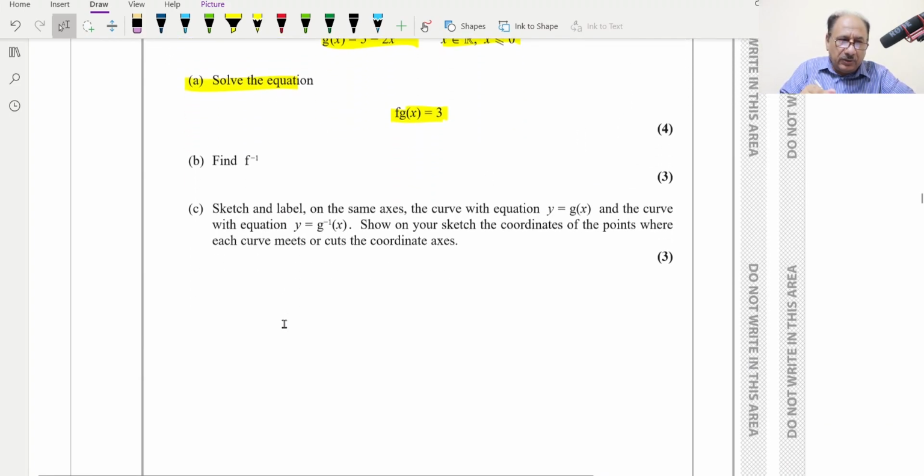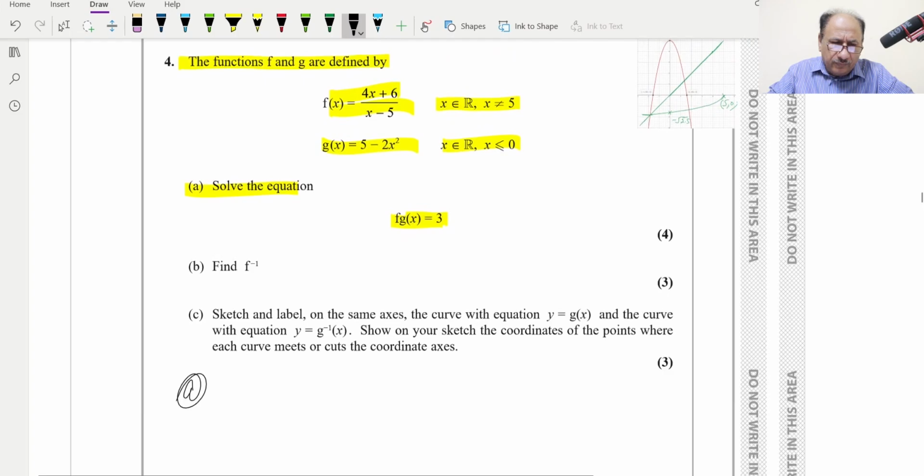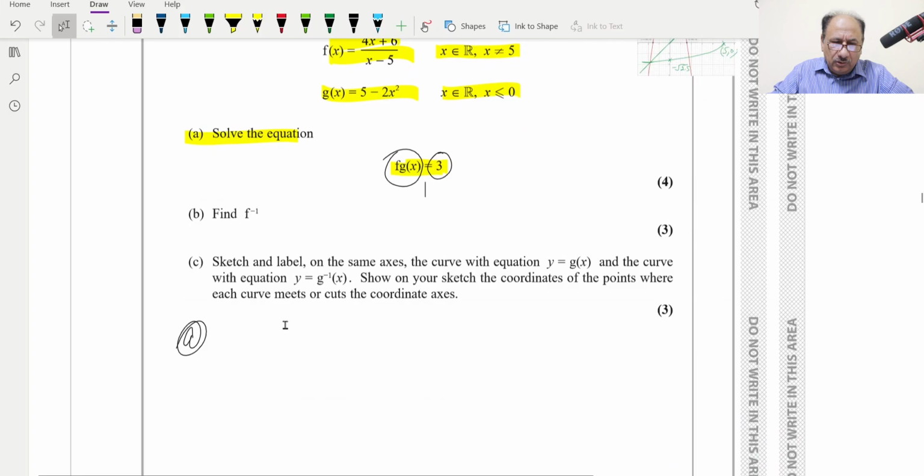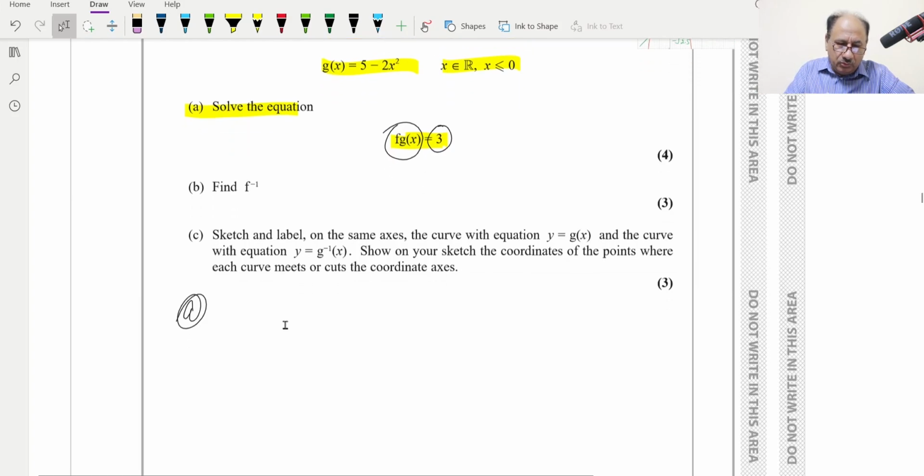For the A part, the functions are defined, so we have to find f of g of x and put it equal to 3. So f of g of x means what?